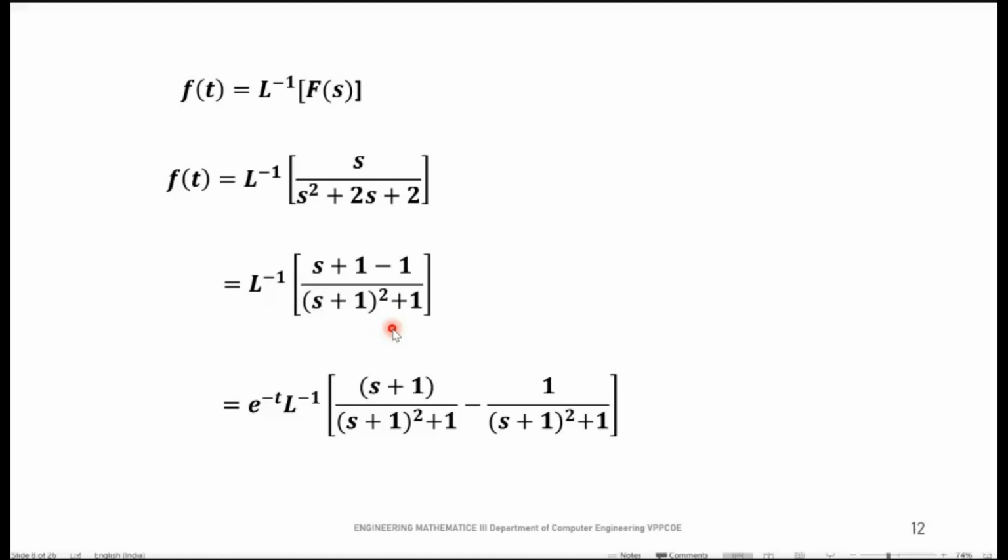So separate किया s+1 upon s+1 the whole square plus 1 minus 1 upon s+1 the whole square plus 1. Calculate the inverse. So s is replaced by s+1. So what comes out? E raised to minus t. Remaining will be L inverse of s upon s square plus 1 minus 1 upon s square plus 1. उसका हमें L inverse लिखना है.